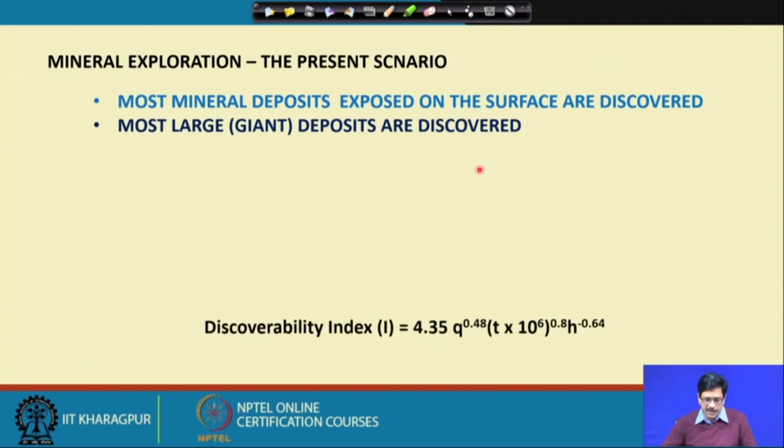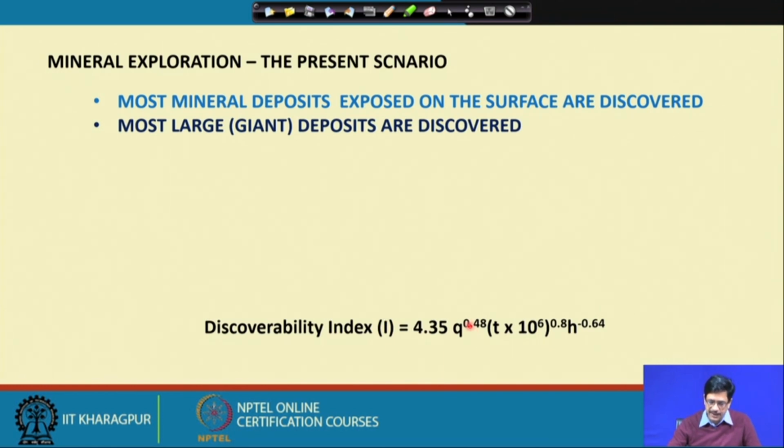Here there is a very nice, very interesting relationship, and people who generally work on quantification of mineral exploration, the ideas of how to quantify or model the mineral exploration process using many sophisticated mathematical and statistical tools, it would definitely be interesting to learn them at a higher level. But say, for example, we can think of a parameter which is called a discoverability index, or discoverability of a deposit.